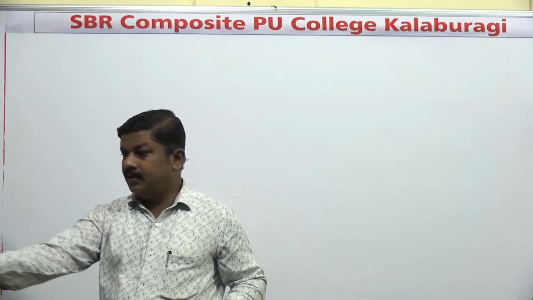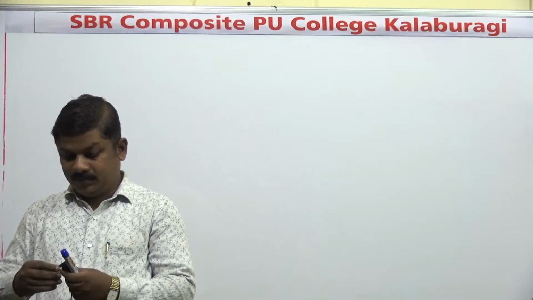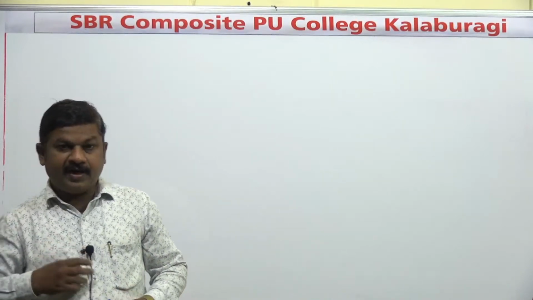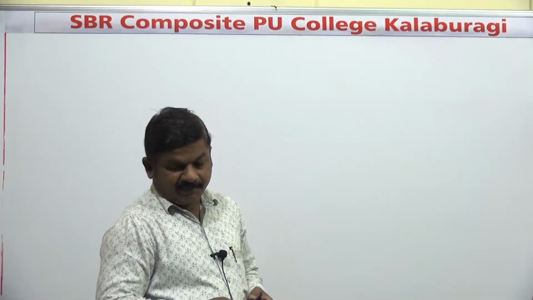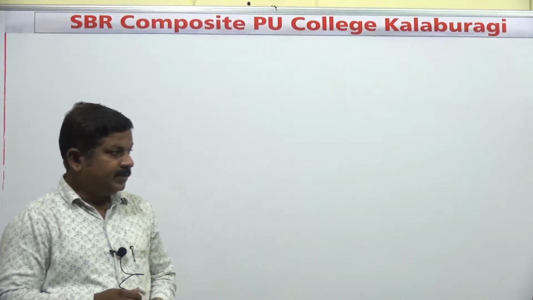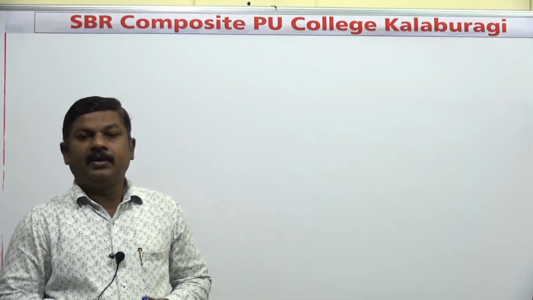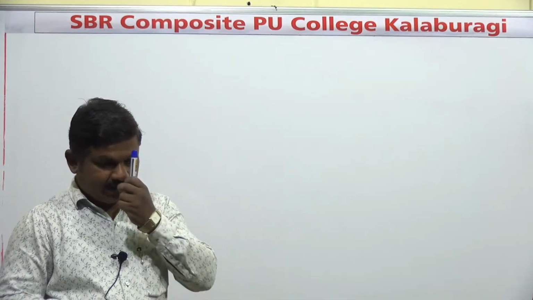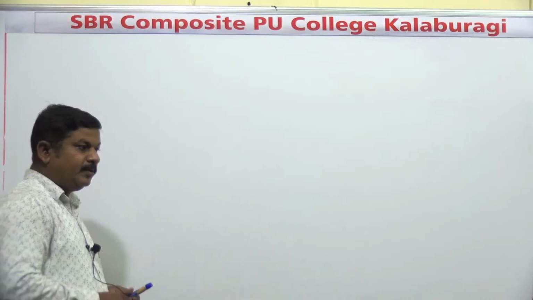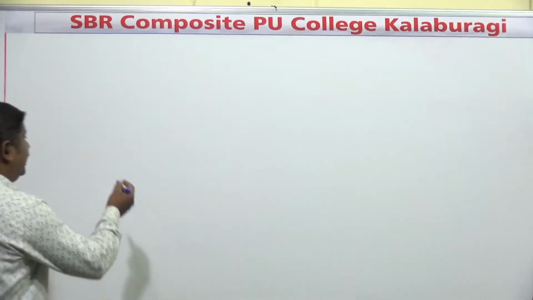After that, we discussed the location of tetrahedral and octahedral voids in different types of structures. Yesterday we completed the calculation of the different types of voids. So today we have to discuss numericals based on the different types of voids.